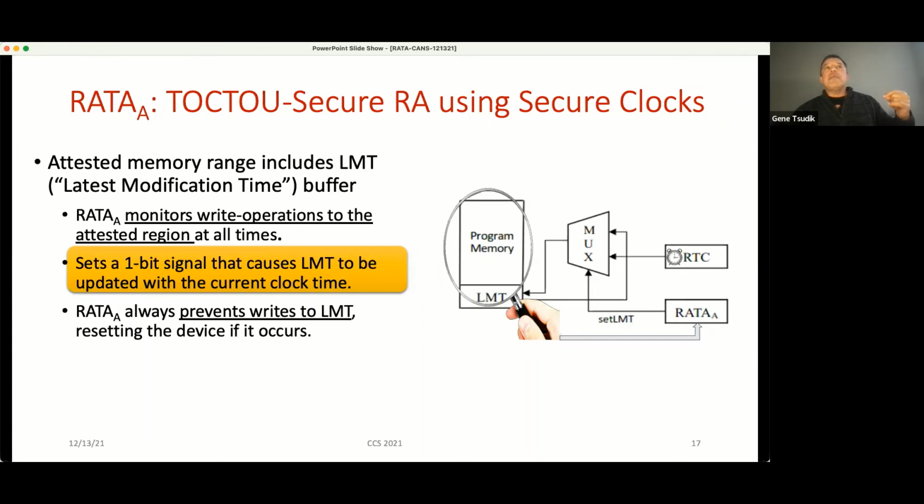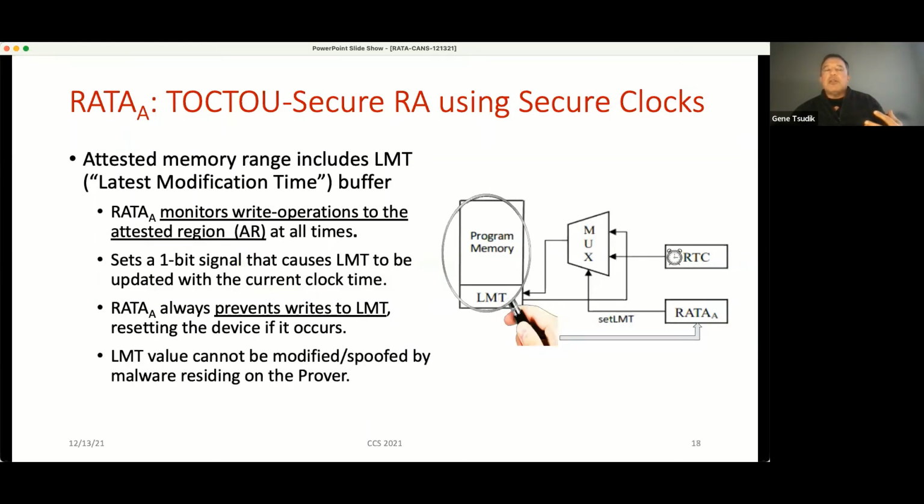But the only other missing thing is, what about this LMT itself, that actual reserved field? RATA also monitors attempted writes to the LMT. If any software tries to write to LMT, it resets the device before the write actually occurs. This is a very simple operation.